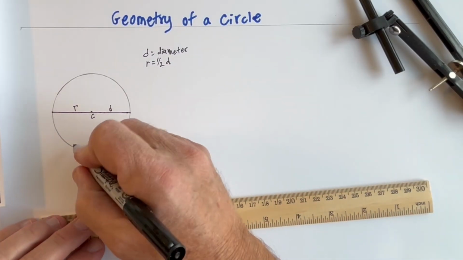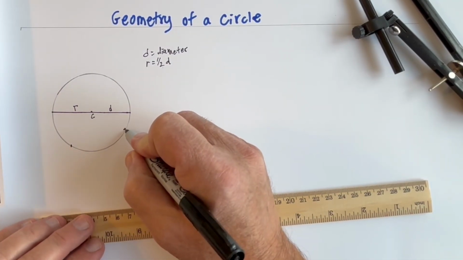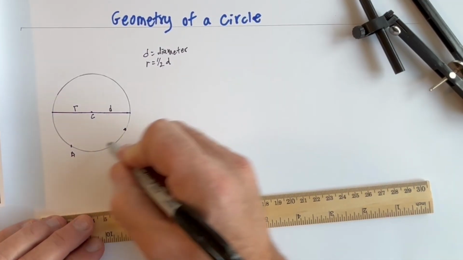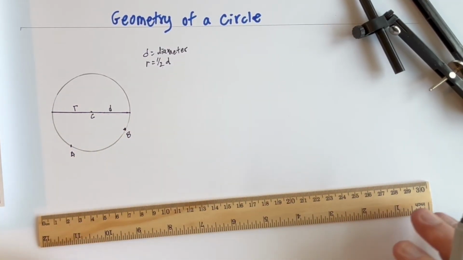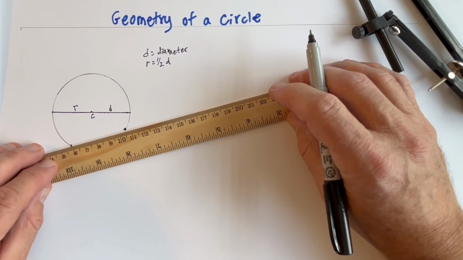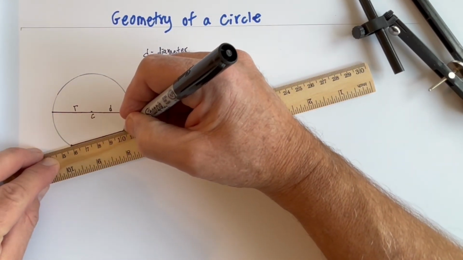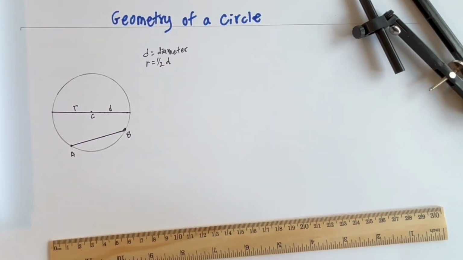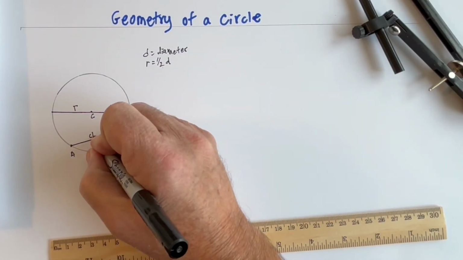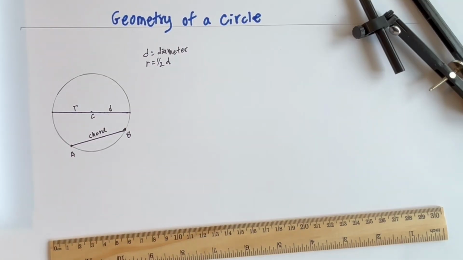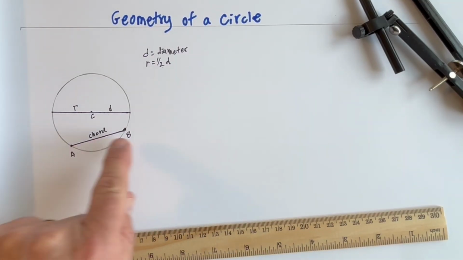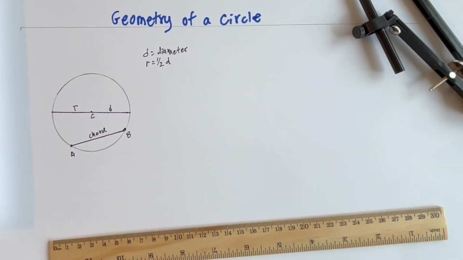Now if we draw just a general, let's label this AB, 2 points on the circumference. Now if we draw a line segment there, that is going to be called a chord. So a chord goes from 2 points on the circumference of the circle.